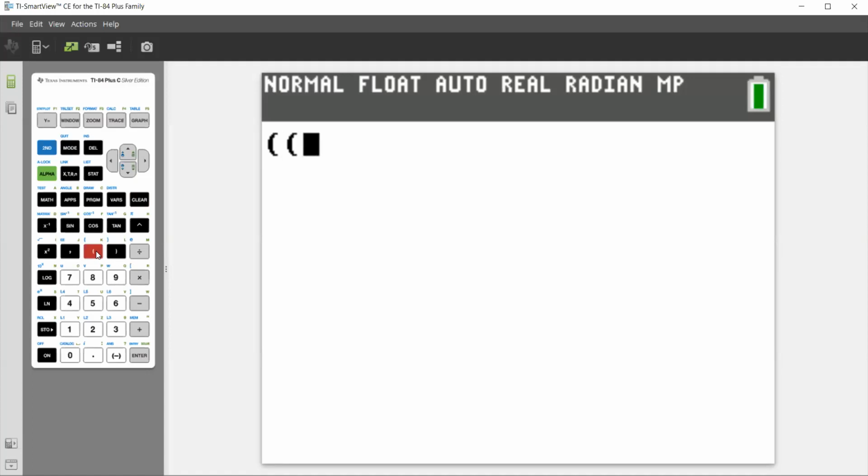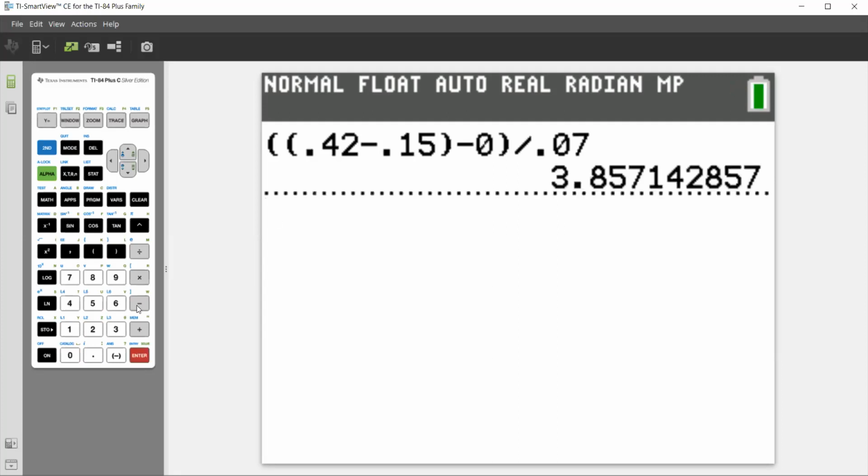Our sample statistic is 0.42 minus 0.15, the sample difference in proportions. Then the null difference in proportions is 0. And what are we going to divide that by? The standard error, which in the problem is 0.07. So that's our test statistic: 3.857. I'm going to store it in A, alpha A.